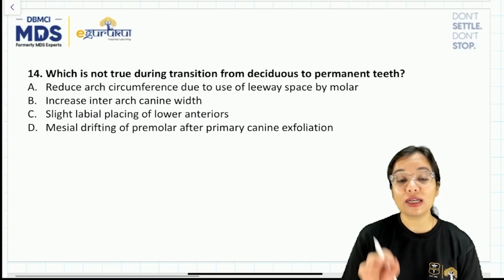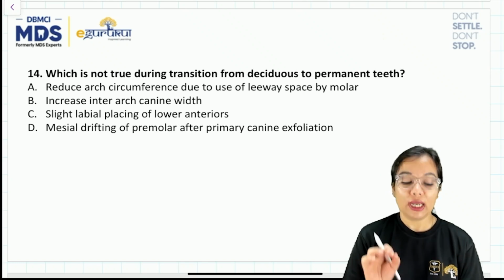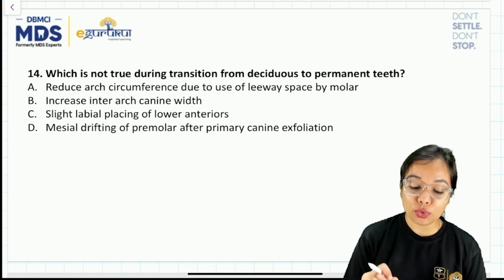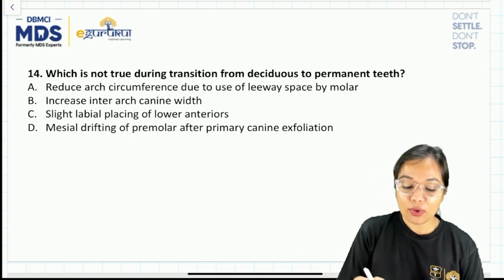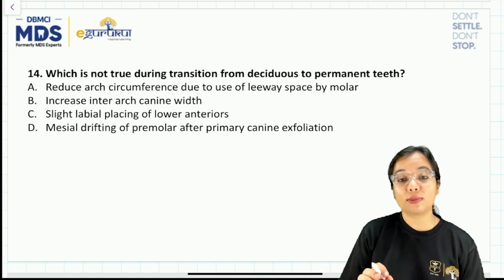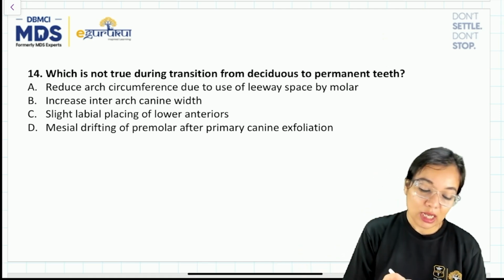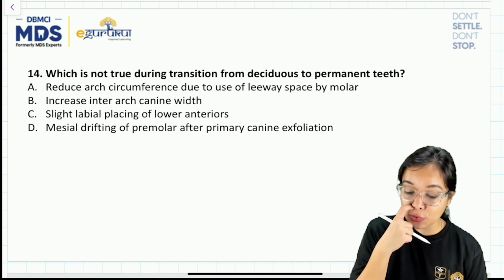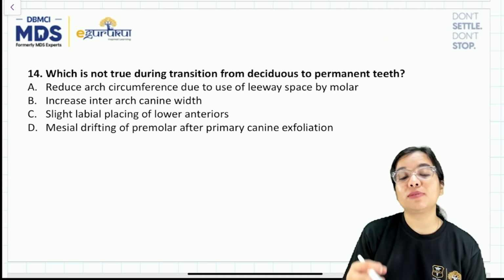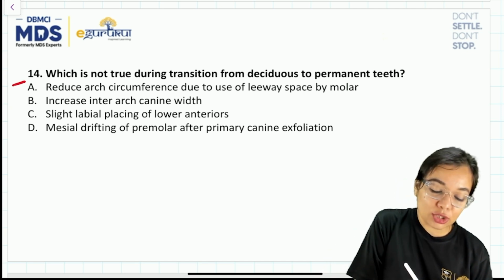That brings us to the last question of the GT4, that is, which is not true during transition from deciduous to permanent teeth? So we are supposed to find out the false statement. Statement A says, reduced arch circumference due to use of leeway space by the molar. So yes, this is a true statement.